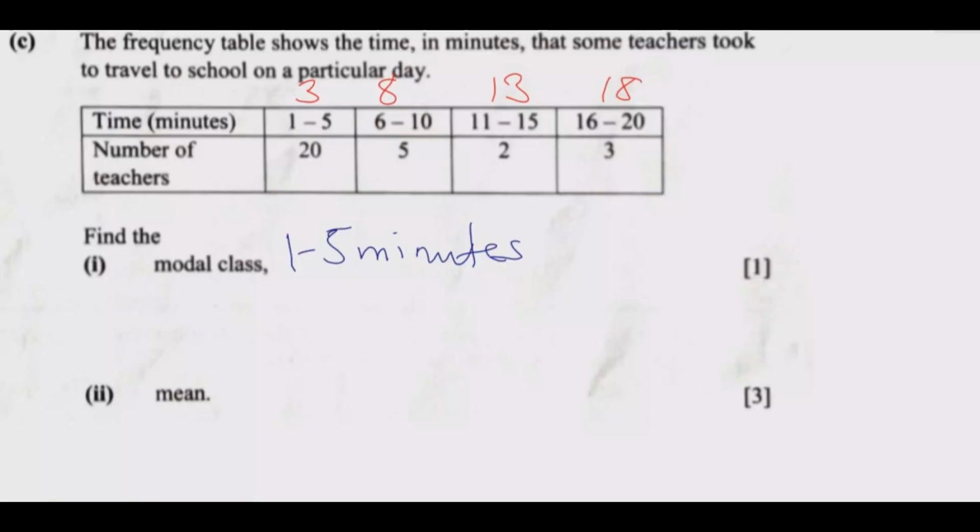Now, these are the numbers that we are going to use to multiply by the number given. For instance, we are going to say 3 times 20.